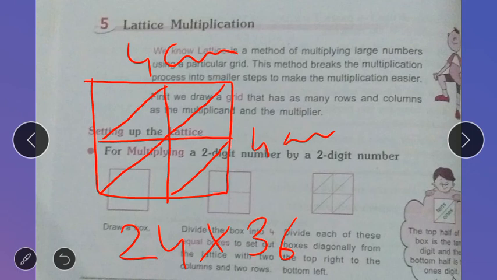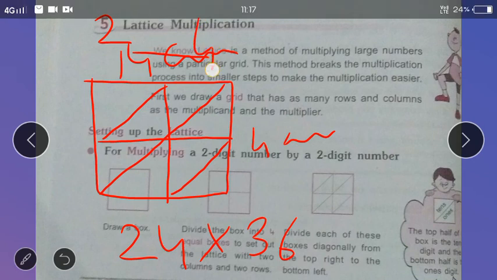Just for understanding, I told you to draw the box of 4 centimeters so that it should be equal and look better. So instead of 4 centimeters, write here 24 on top of this box.